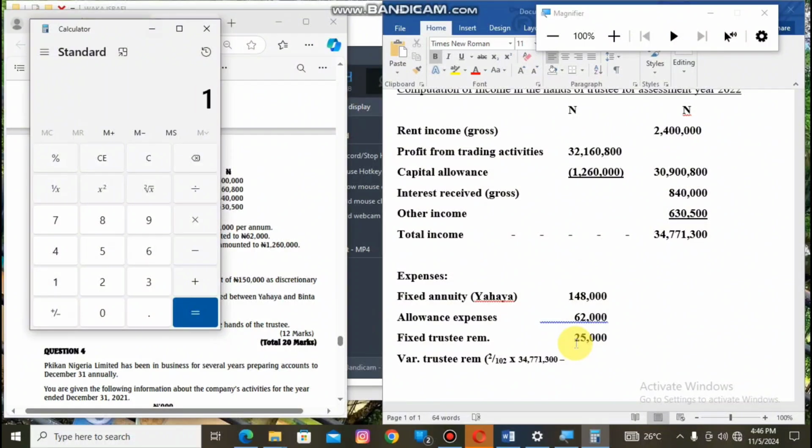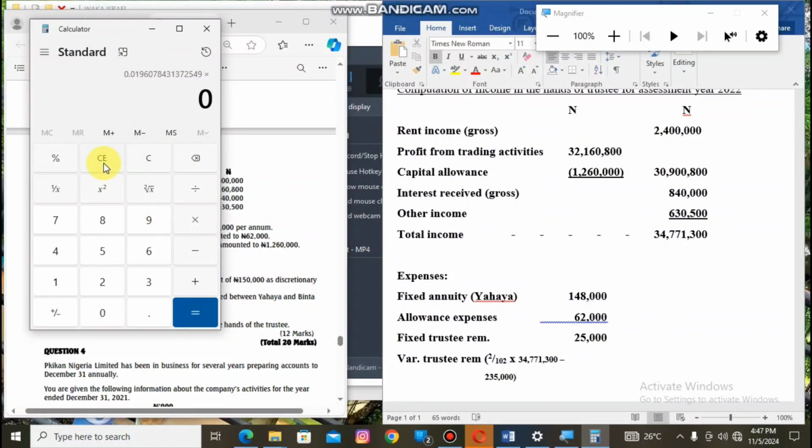148 plus 1 plus 62 plus 25. That will give us 235,000. So minus 235,000. Now let's work that here. 2 divided by 102, we've not deducted that first two.